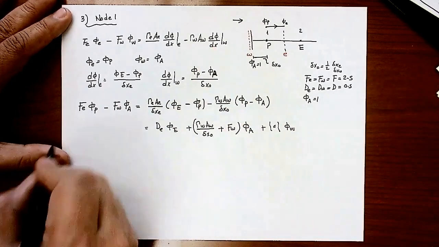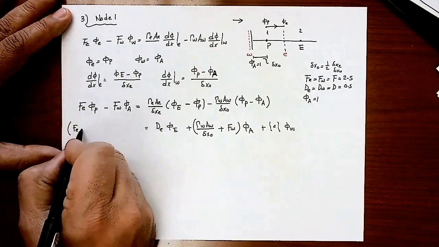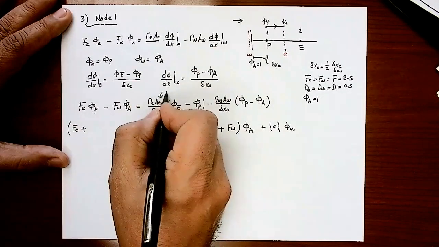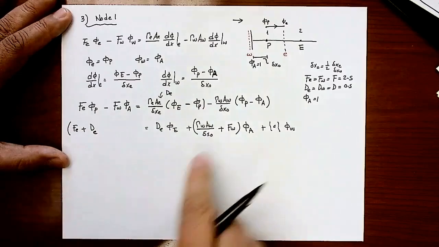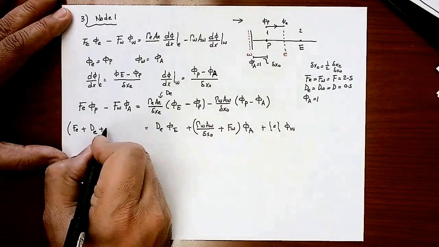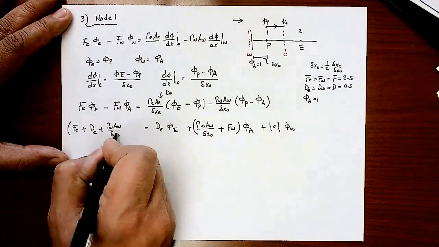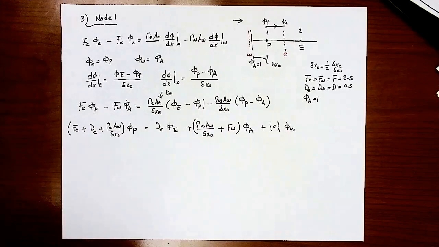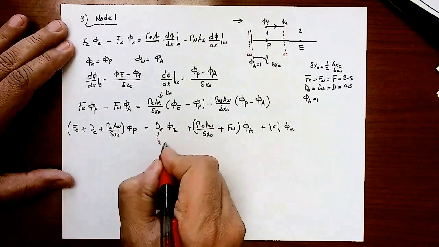Now let's look at the phi P. I have F east times phi P. I have kappa east A east over delta x east. This is actually D east, right? So D east phi P. So that's plus D east. And I have plus kappa west A west divided by delta x node times phi P. 3 terms here. Okay, now this is A east.